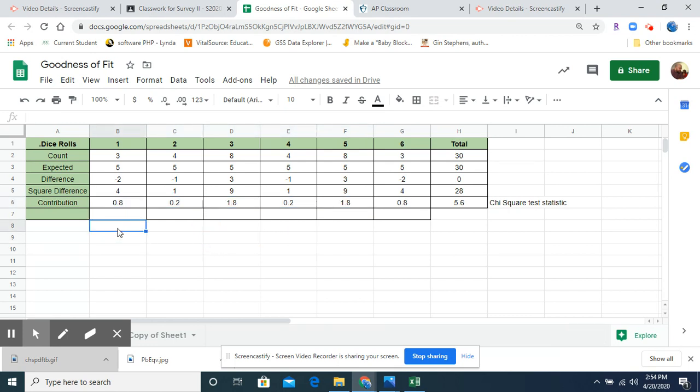So degrees of freedom is equal to the number of categories minus 1. In this case, we have 6 categories, therefore 5 degrees of freedom.